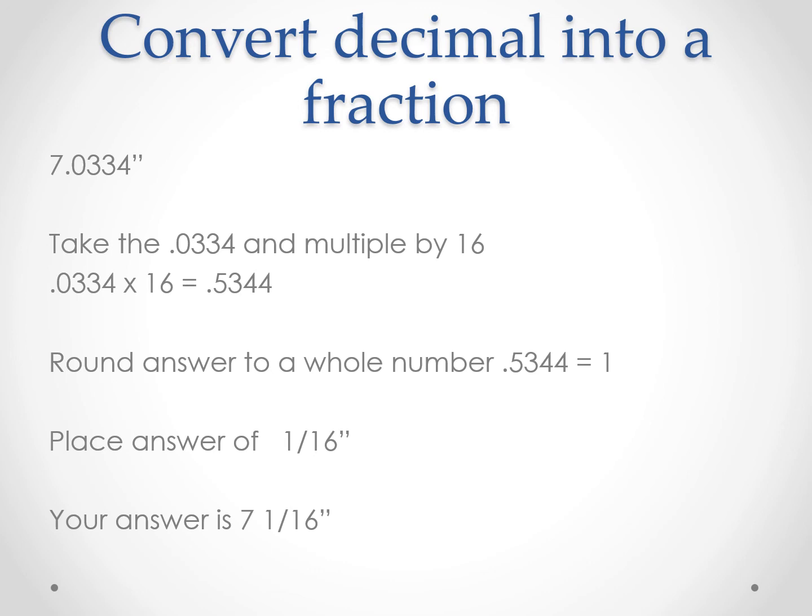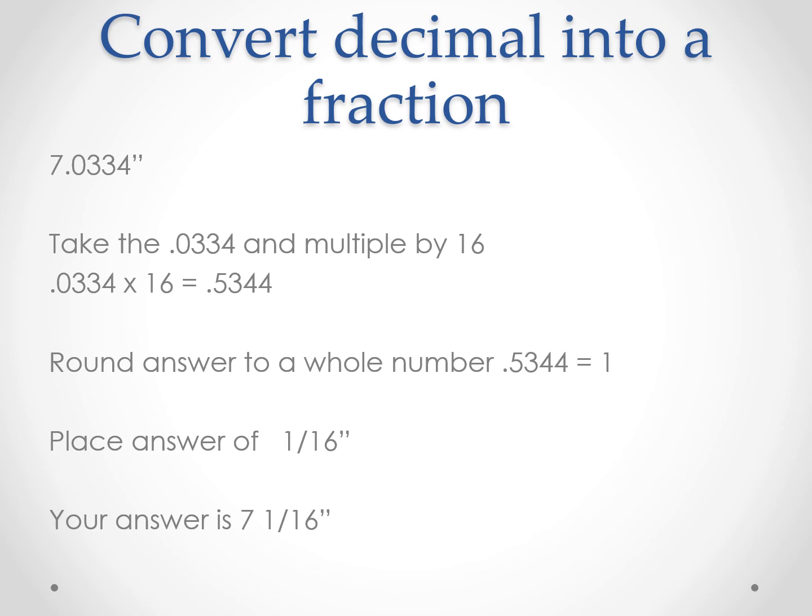So what we do is we take the remainder of the decimal. In this case, since the number is 7.0334, we're going to take the remainder, and that is 0.0334, and multiply it by 16. When we do this, we find the answer of 0.5344.